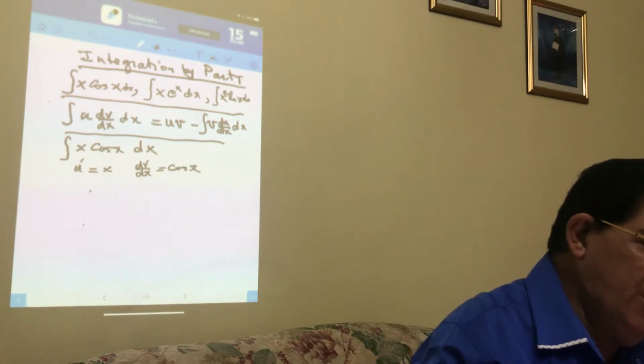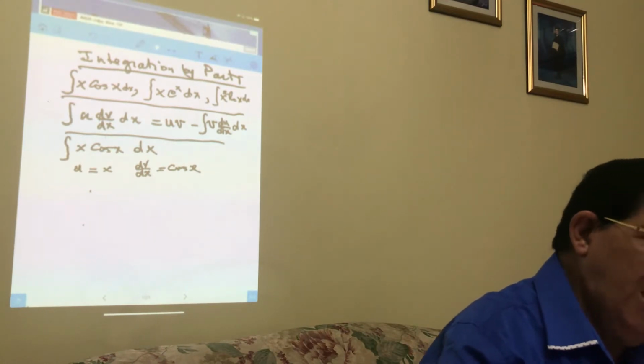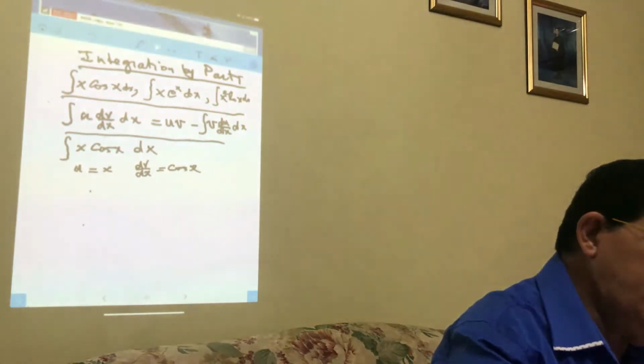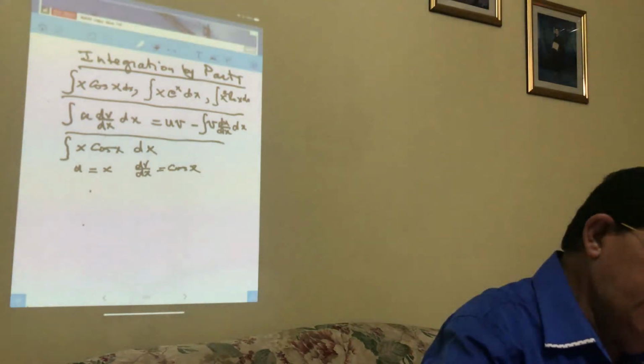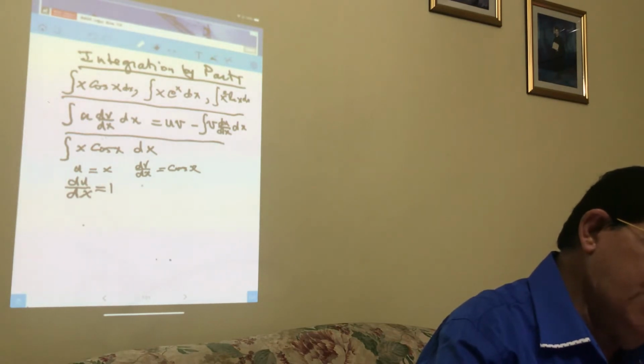If u equals x, then du by dx equals 1. If dv by dx equals cosine x, to get v we integrate. The integration of cosine x is sine x.